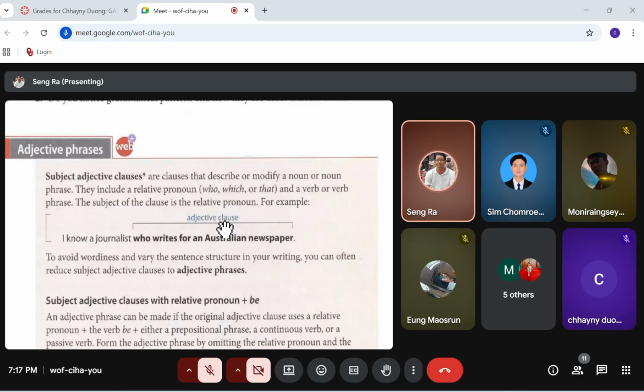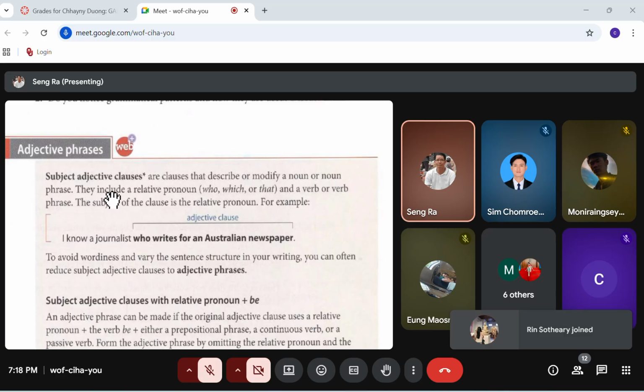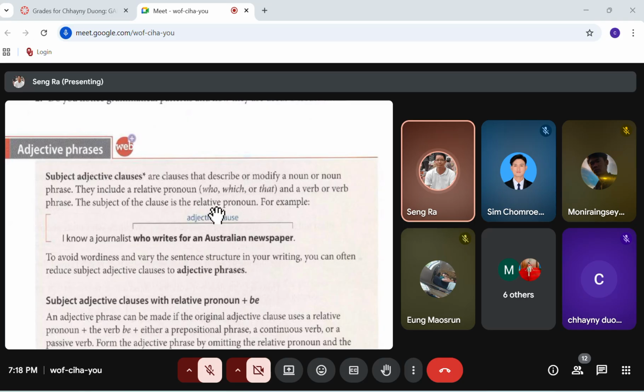This is about adjective clauses. Clauses that describe or modify a noun or a noun phrase. As you all know, an adjective modifies a noun. Basically, we know that it can modify a noun or a noun phrase.